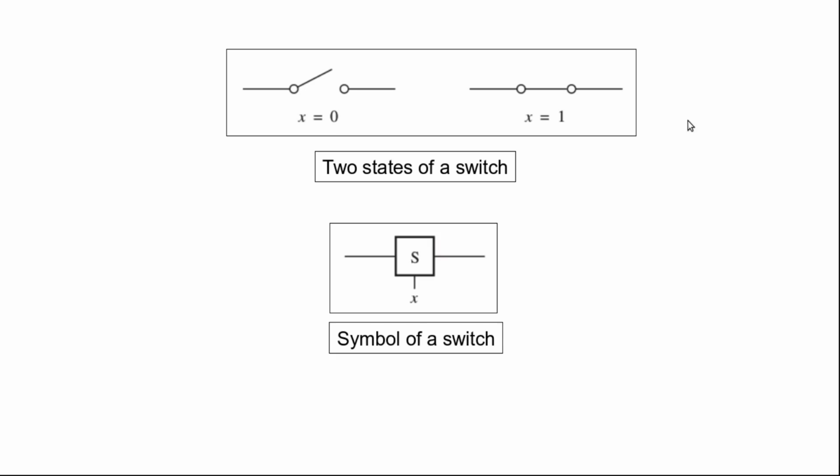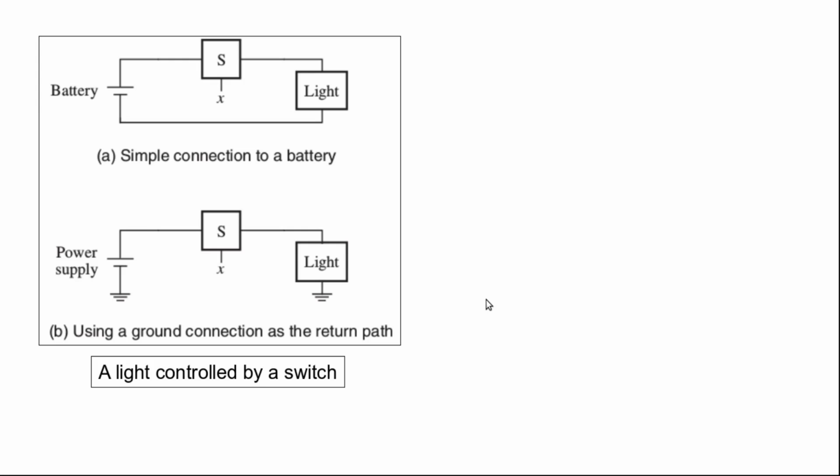And here is the symbol of the switch that we will use. Now we can have a circuit here, where we are controlling a light using the switch.